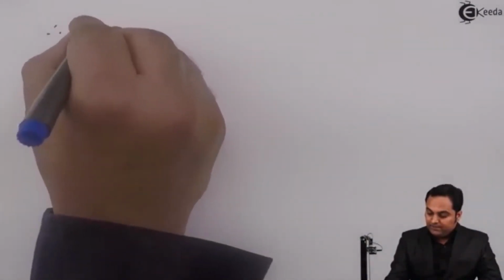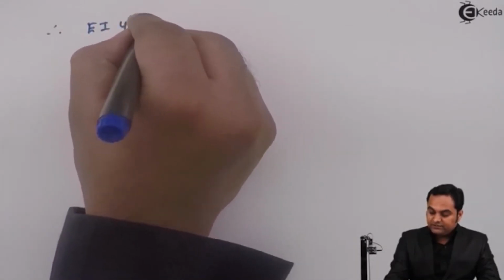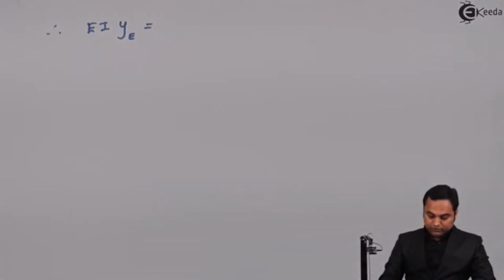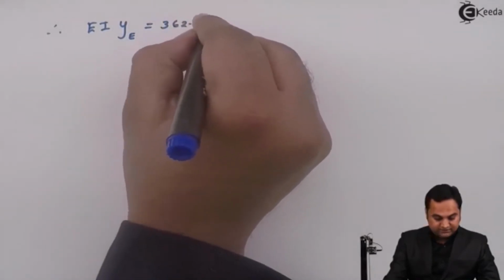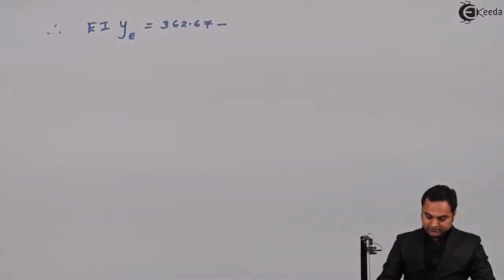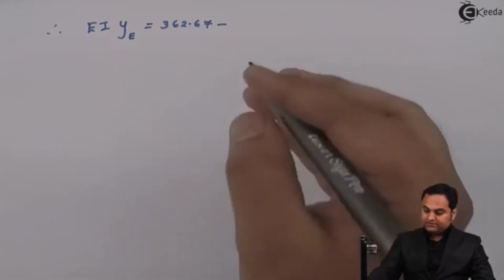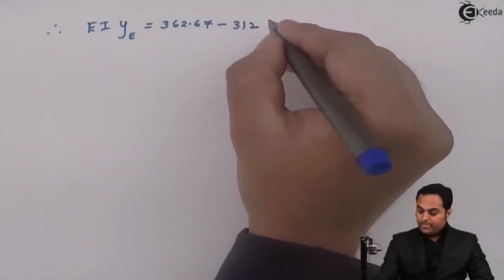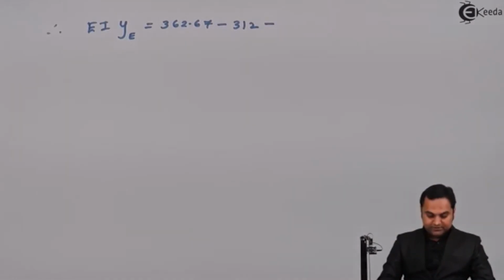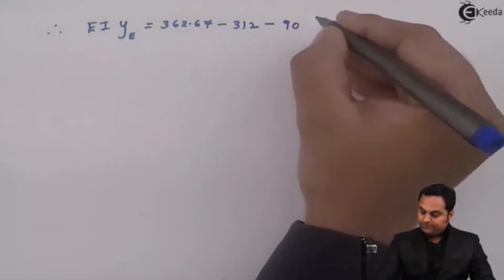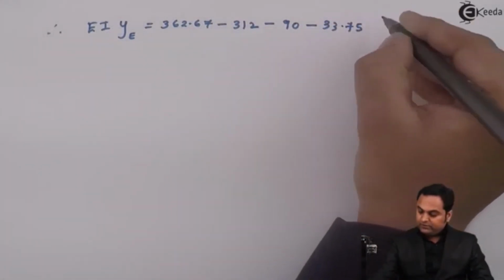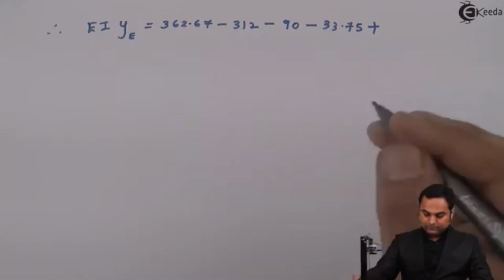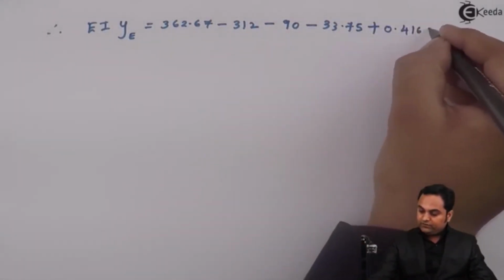So therefore EI into y suffix E, that is equal to 4 cube into 34 divided by 6, that is 362.67, minus 78 into 4, that is the next term, 312, then minus the remaining part. Then we have 33.75. At last we have 0.4166.